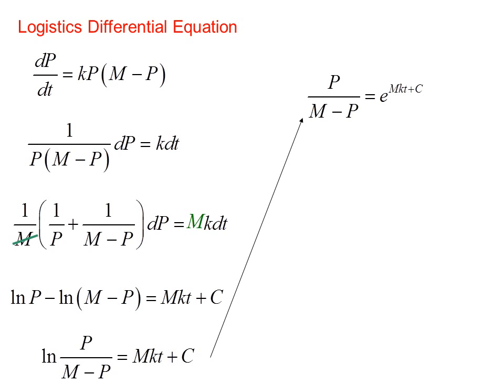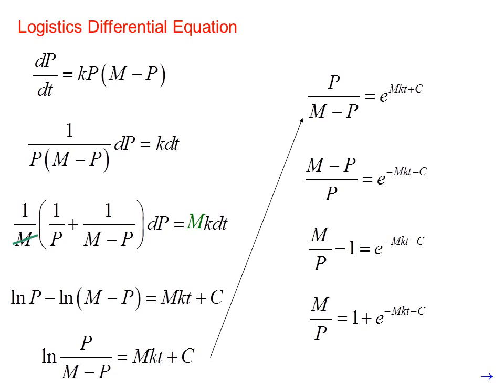Now we exponentiate both sides to eliminate the natural log, and I take the reciprocal of both sides. Notice on the right-hand side, we find the reciprocal by changing the exponents to negatives. This allows us to separate the fraction on the left-hand side, and P divided by P is 1.